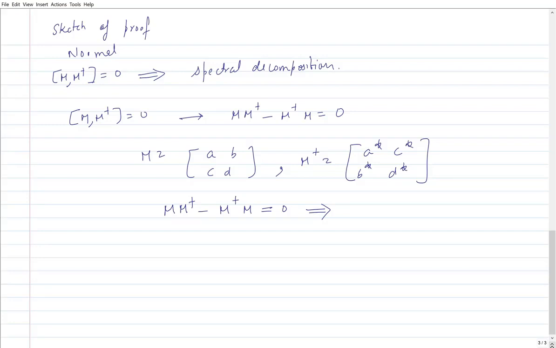Well, if you multiply it out purely in terms of the matrices, it implies essentially that a squared plus b squared is equal to a squared plus c squared. Please verify these calculations. And mind you, these are all complex numbers, complex entries. So essentially it implies these two relations over here. So what does it mean?